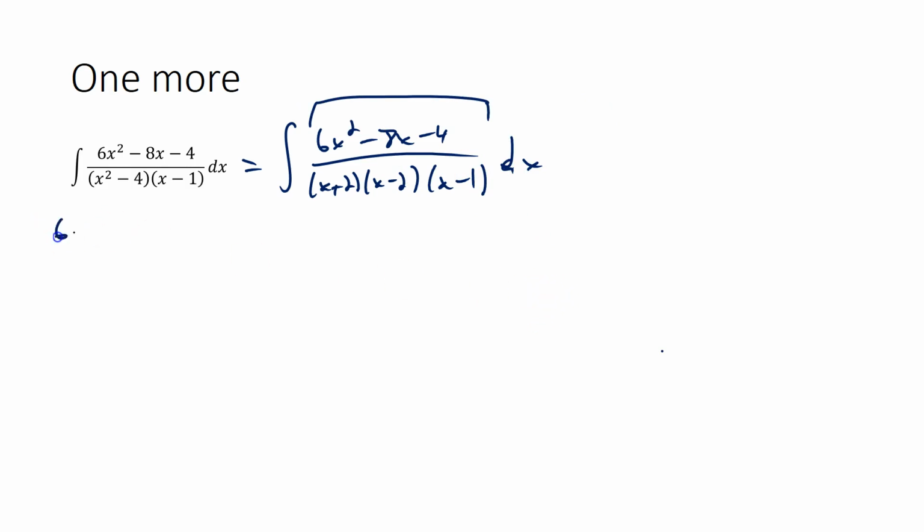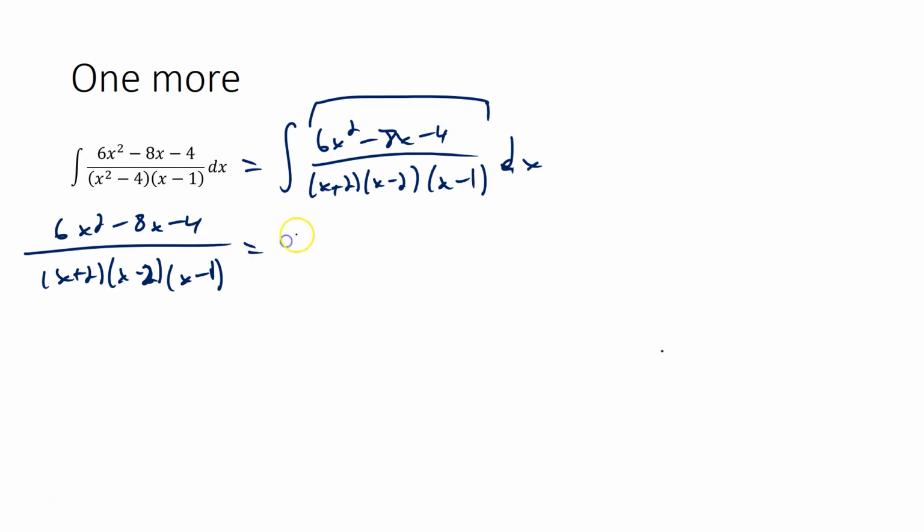We have (6x squared minus 8x minus 4) divided by (x plus 2)(x minus 2)(x minus 1). See if my computer battery holds out here. Alright, so that's going to be equal to A over x plus 2, B over x minus 2, and C over x minus 1.